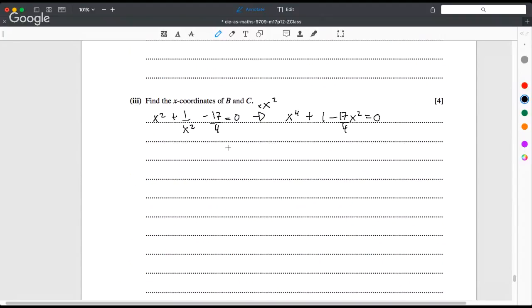So we can solve this. It doesn't look like a quadratic because you've got an x to the 4th, but it's actually a quadratic in x squared. So if we think of x to the 4th as x squared squared, we can solve for x squared using the formula.